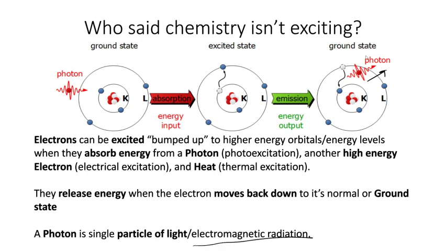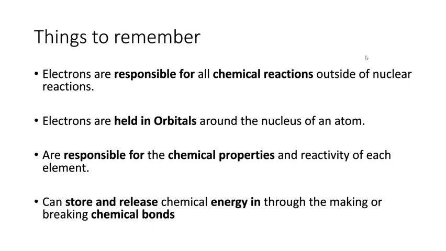Sometimes it will release it in the range of radiation that we see as visible light. So when it goes back down to its ground state, it will release some sort of visible light. So that's pretty cool. We'll definitely be able to see that in a demo. And that is electron excitation.